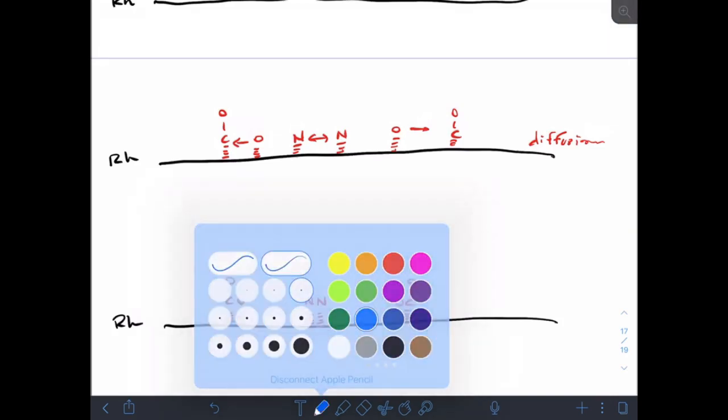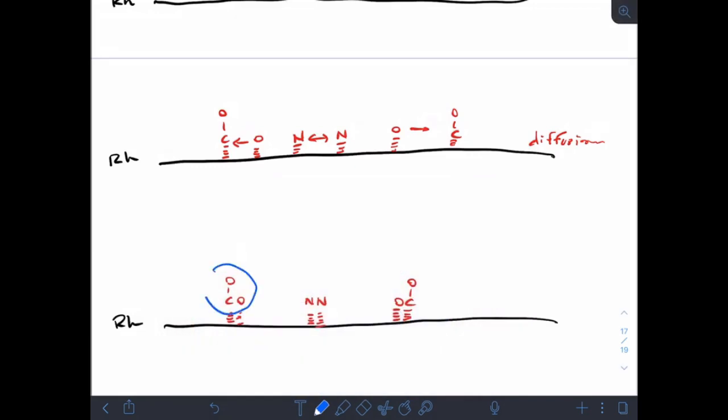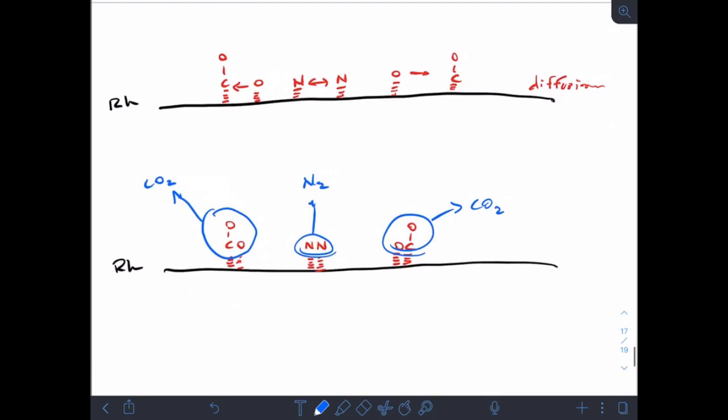And so what we get is that this desorbs as CO2, this one desorbs as N2, and this one desorbs as CO2. So this last step is actually both of the last steps. This is reaction and desorption.